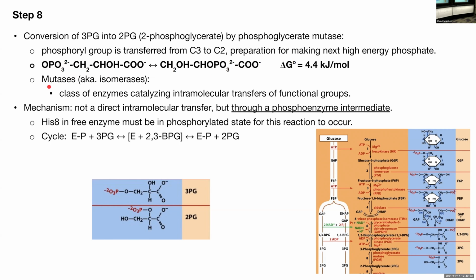And it uses mutases for its catalysis, also called isomerases, basically making isomers, right? So the mutases are the enzymes that catalyze the intramolecular transfer of functional groups, like a phosphate group, but it can be a hydroxyl group or some other groups too.